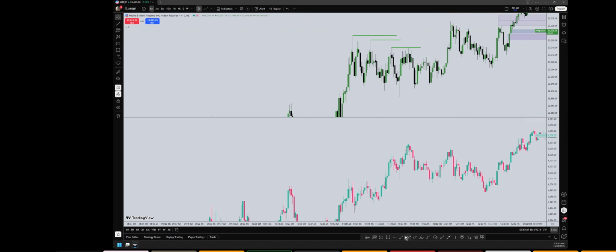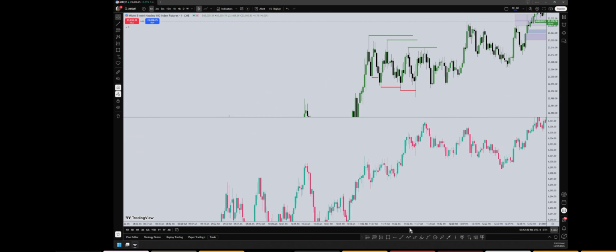Lower highs and lower lows, this is a low, this is a low, like this, while ES was creating this leg. Let me bring it a little higher. ES was creating higher highs and higher lows. Same leg.